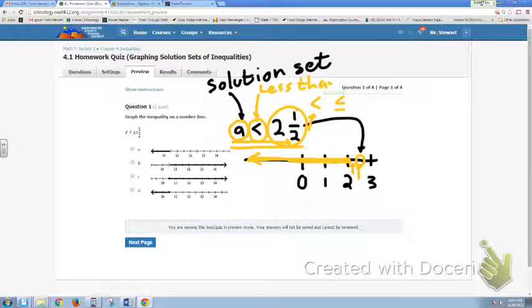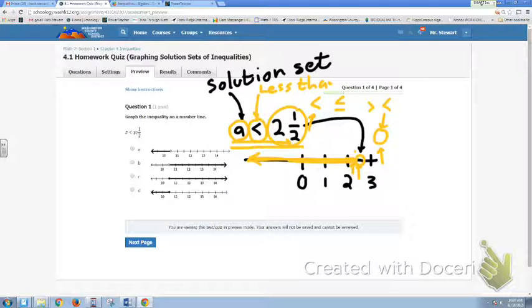But anything even just slightly smaller than 2.5 is also a solution, like 2.25, or anything smaller than 2.5. So we use open circles to show that anything that's less than or greater than starts at this point but is not equal to this point.